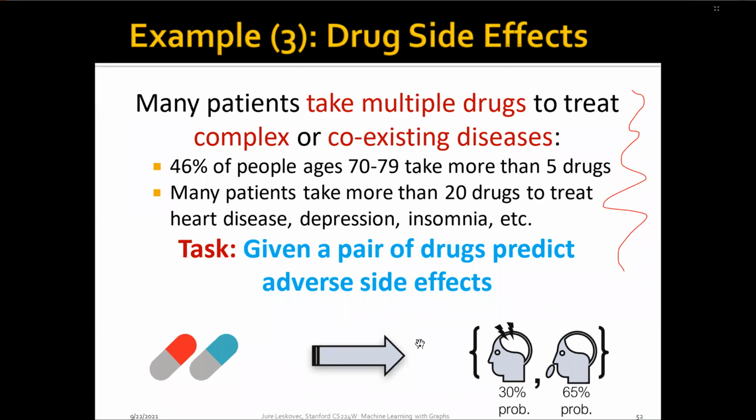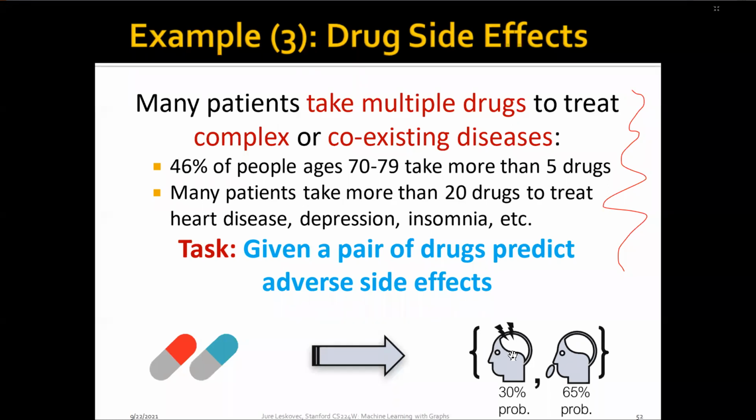So why do we need this prediction? Why do we not just do a clinical trial? Well, you see there are lots of combinations, and it also takes time and cost to let people actually take this medicine and report their side effects.